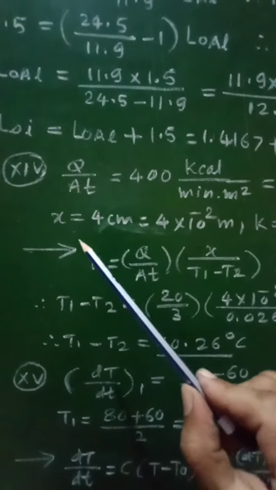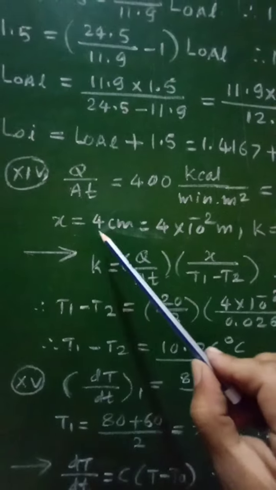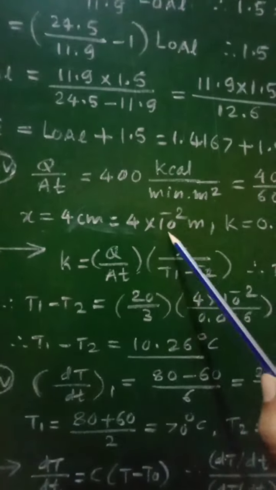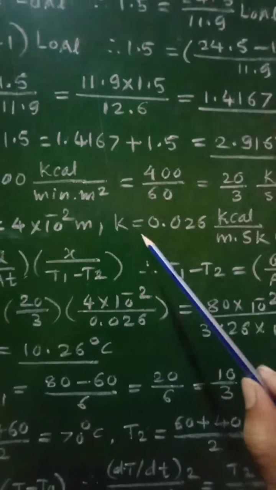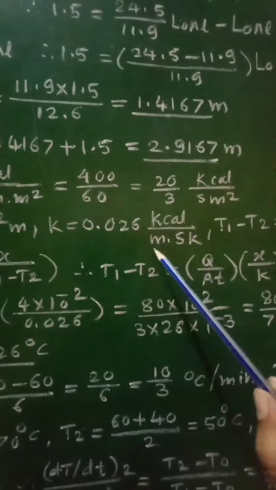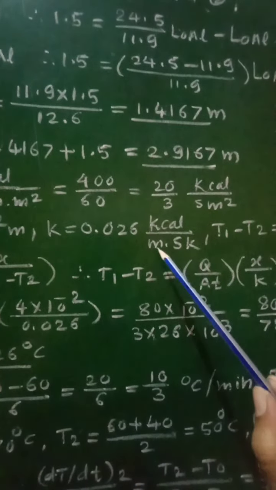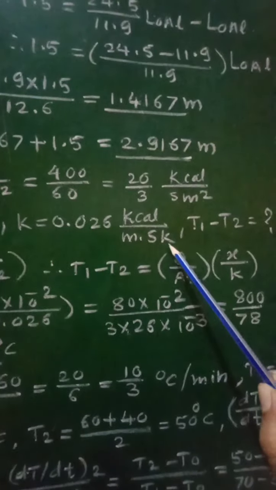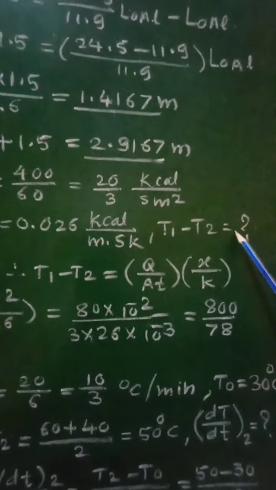Then x is given 4 centimeter, that is the distance between the sides, 4 into 10 raised to minus 2 meter. Then coefficient of thermal conductivity K is equal to 0.026 kilocalorie per meter per second per Kelvin, and we have to find out the temperature difference T1 minus T2.